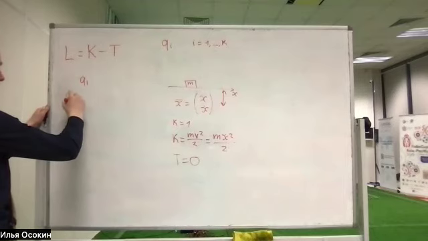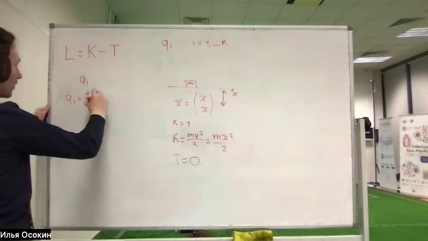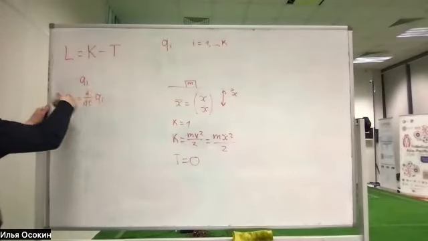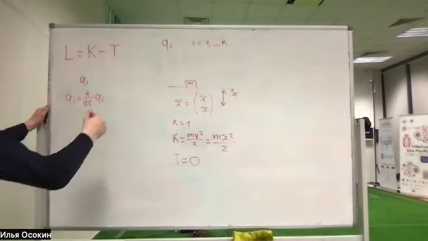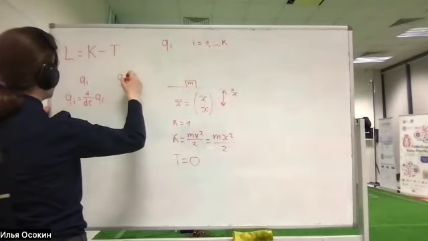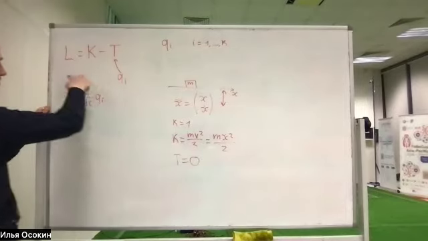So q dot sub i is d by dt of q sub i. This is the notation. And the potential energy usually depends on q sub i without dots.